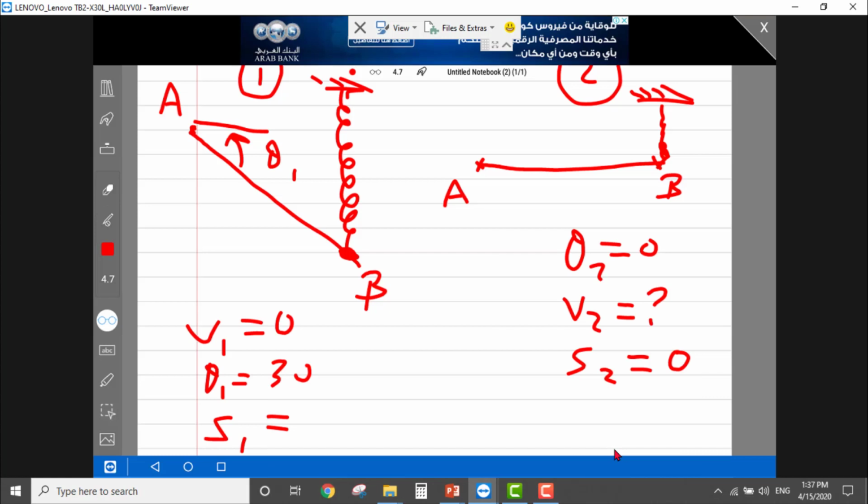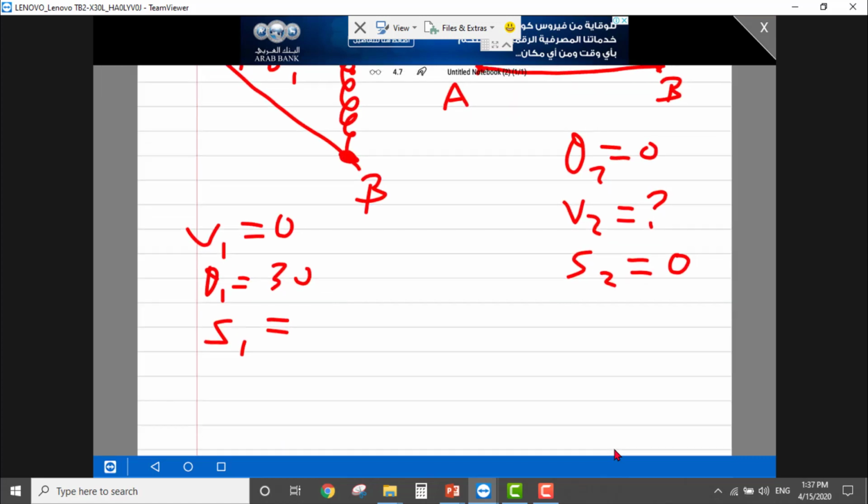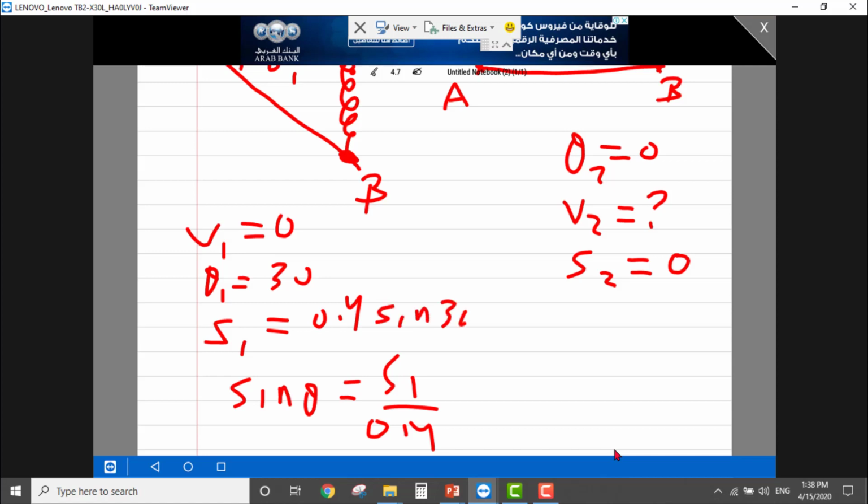So sine theta equal to S1 divided by 0.4, or S1 equal to 0.4 multiplied by sine 30. Using the calculator, this is equal to 0.2.